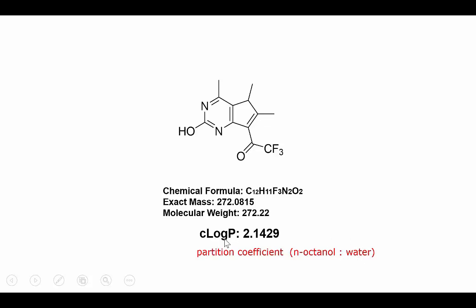If log P is 1, it's approximately 10 to 1. If it's 2, that's 100 to 1. Log P of 5 is 100,000 versus 1. Octanol is a hydrophobic solvent, so a higher log P value means the molecule is more and more hydrophobic.